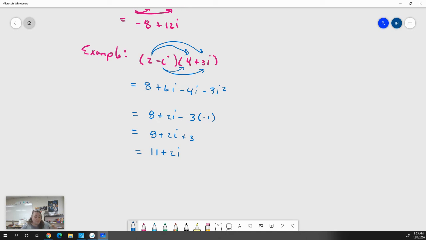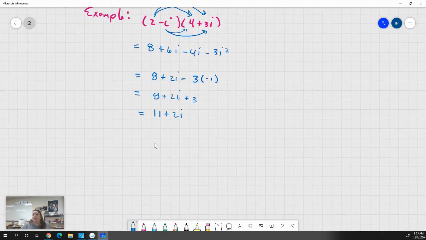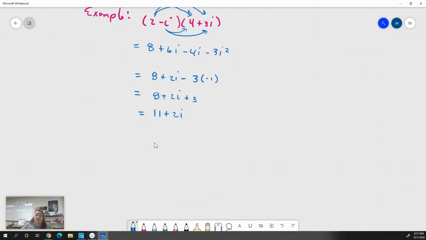And that's what it's going to be like when we're dealing with complex numbers. Anytime you see that i squared, you're going to change it into a negative 1. When you get used to it, all it ever does is change the sign of what's out in front, because multiplying anything times negative 1 just changes the sign.